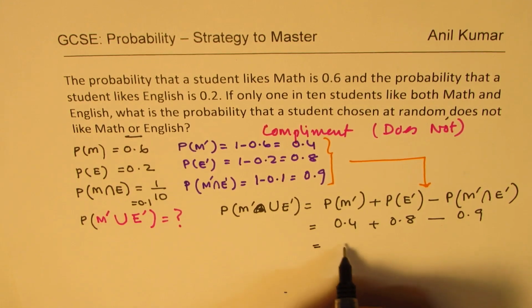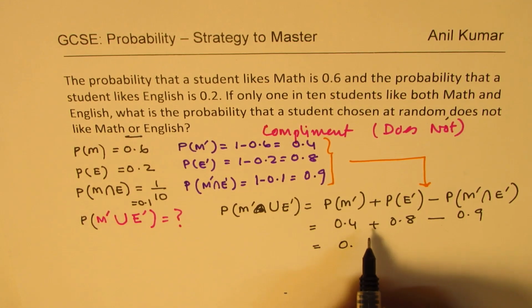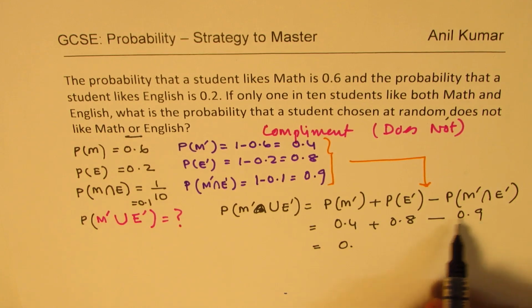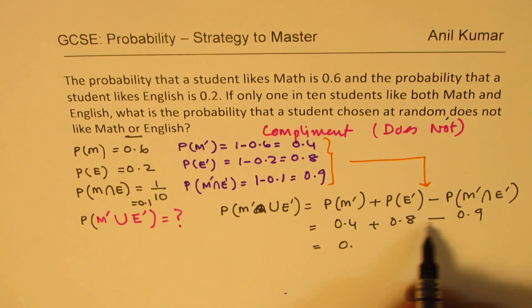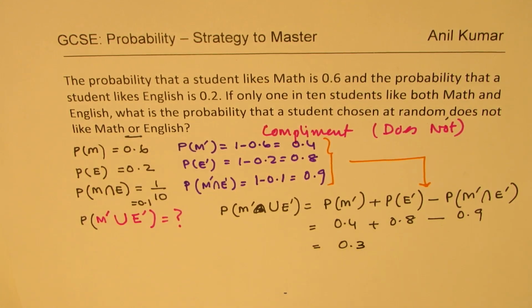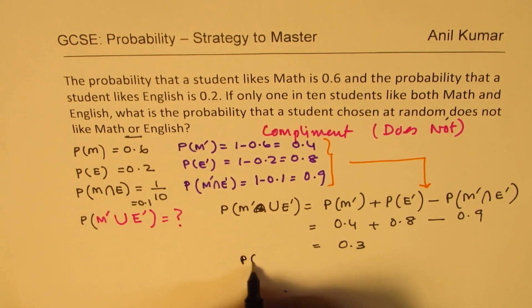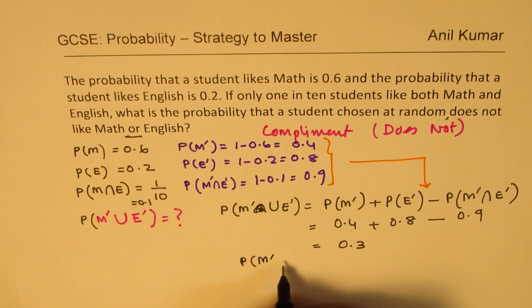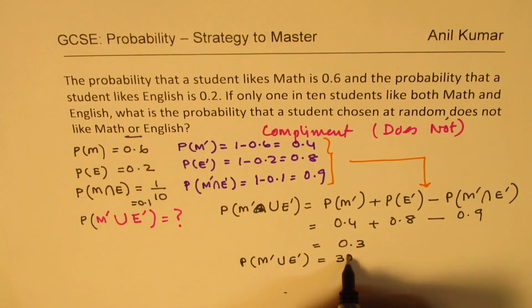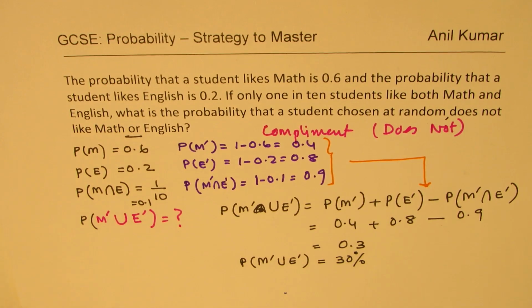So when you take away 0.9, you get 1 less, 0.3 as our answer, correct? So what is the probability? We say probability of not liking math or English is 30%. You could say that, which is the meaning of 0.3. Does it make sense to you, right?